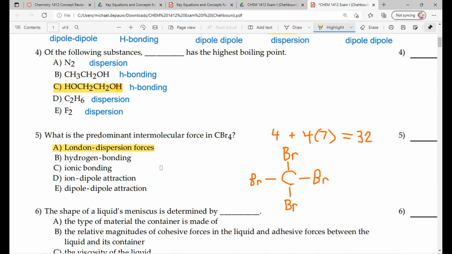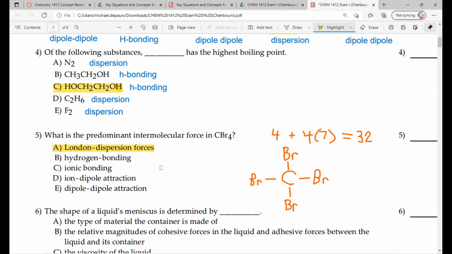If the central atom has all the bonds, but there's one different atom there, so let's say this was bromine, and this was fluorine, then it'll be polar. If even one of them is different, then it's probably going to be polar. What if two are different? Still polar.